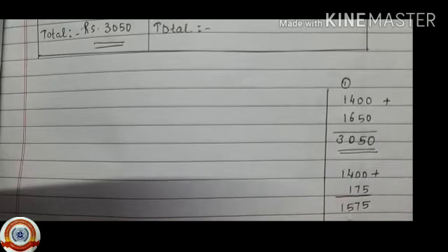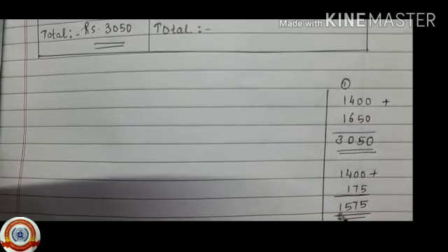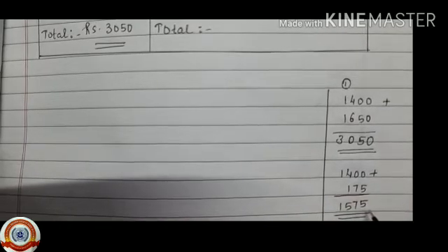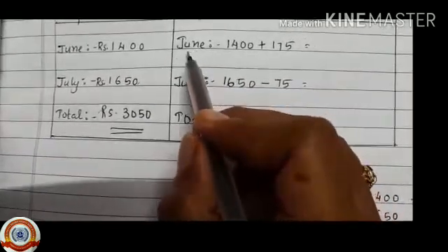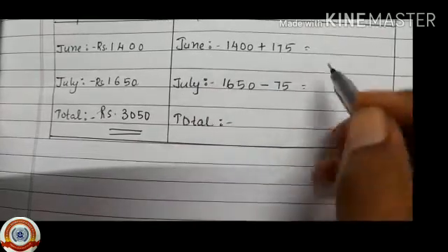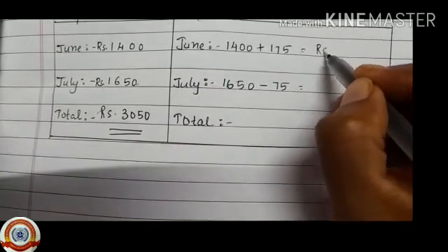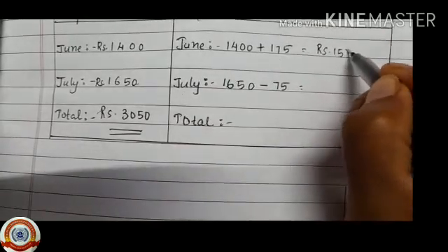And 1 is here. 1575. So, the deposit of Sanu in the month of June was 1575 rupees.